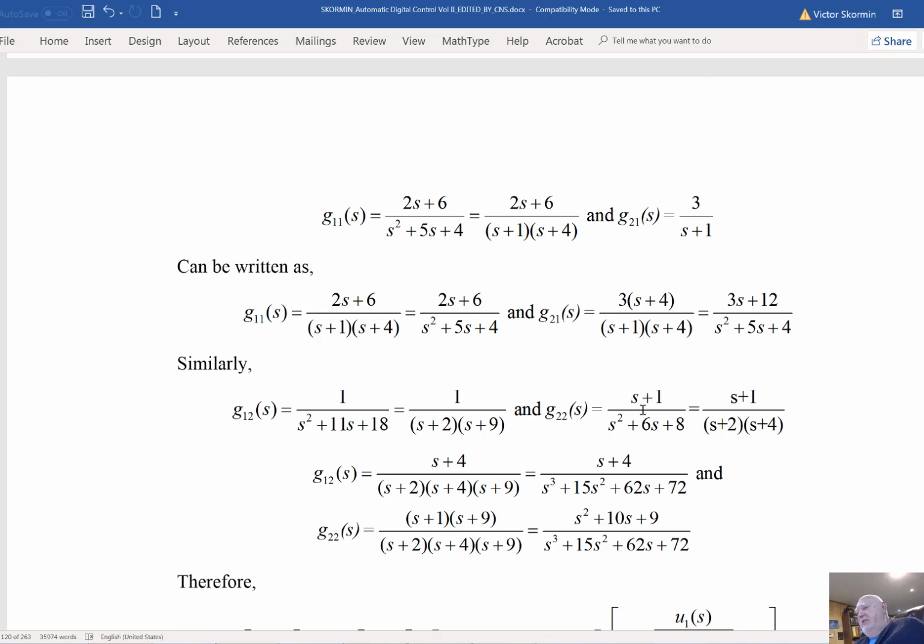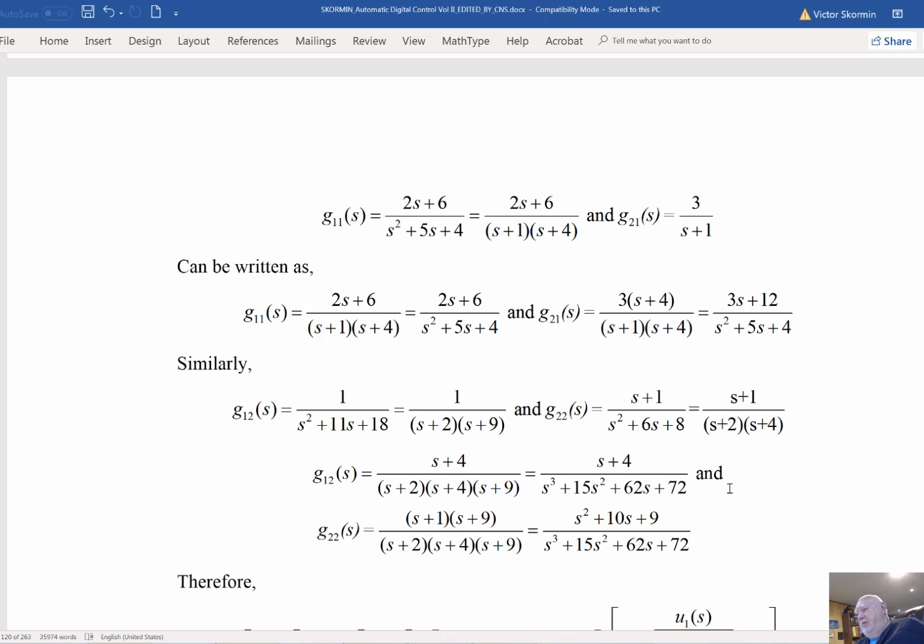And this is my definition of G22 in the pole zero form. And you can clearly see that the common denominator is supposed to be s plus 2, s plus 4, and s plus 9. And because of this, I will reform G12. I will multiply the numerator and the denominator by s plus 4. And this is done right here.